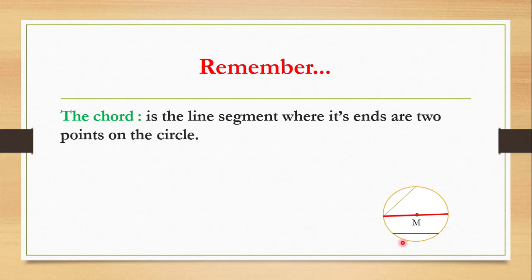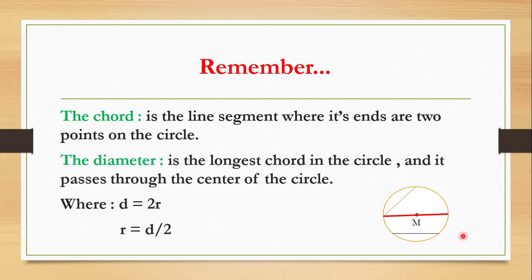In this case, this chord is called a diameter. So the diameter is a chord that passes through the center of the circle. Also we said before in primary 5 that the diameter is the longest chord in the circle.